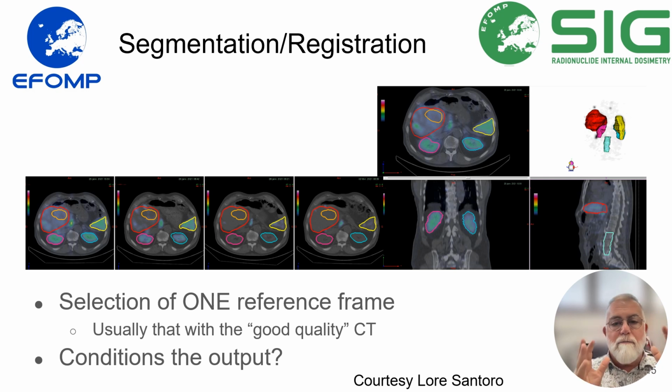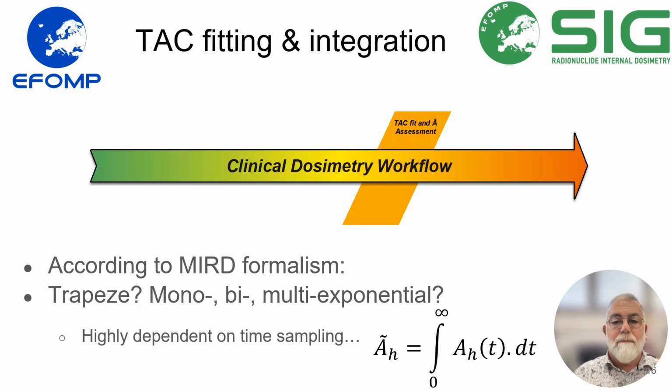So you have one reference image that is usually selected for both registration and segmentation, and that is being used for further steps. And obviously, the way you select one reference instead of another can impact the output of dosimetry.